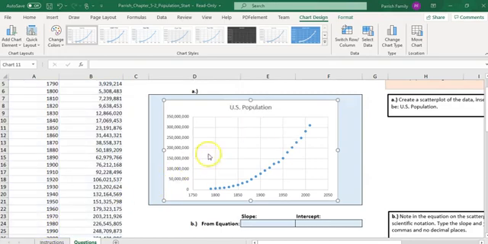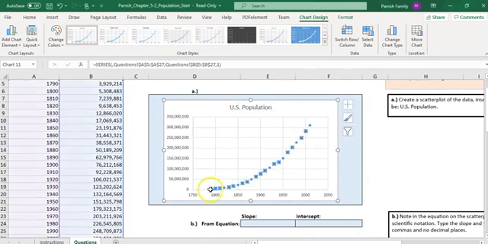So to create a trend line, you're going to put your mouse anywhere on the graph, and you're going to select any one of the points. You'll notice that when you do this, all of your points have these little X's on them.